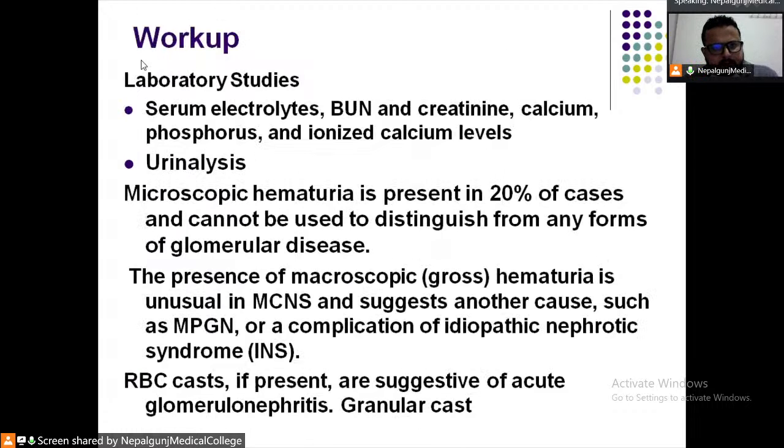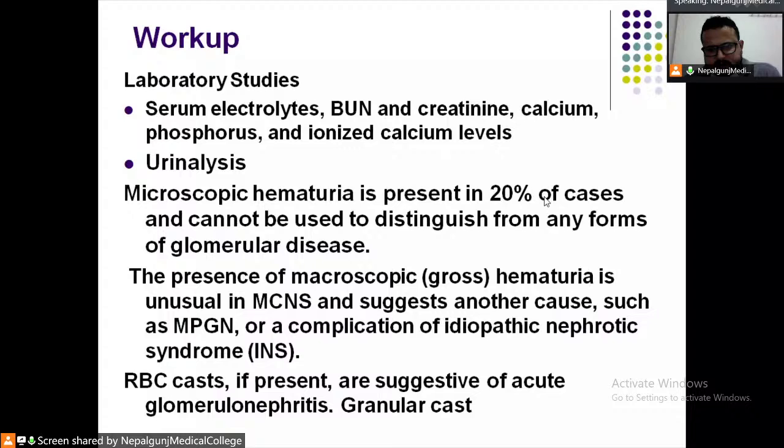So what workup do you do in cases of nephrotic syndrome? Laboratory studies like electrolytes, blood urea nitrogen, creatinine level, calcium, phosphorus, and ionized calcium level. Urine analysis is done for hematuria, for the presence of protein, albumin, and any RBC casts.